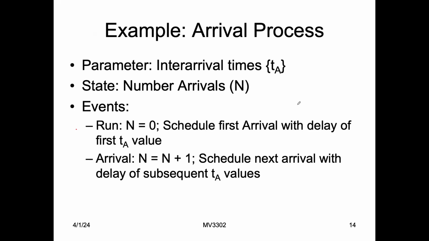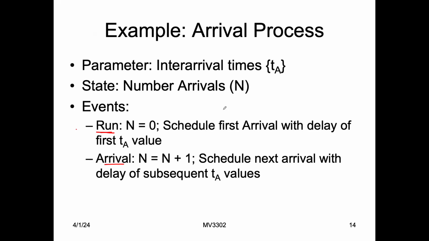So there are two events. There's the run event, and then there's the arrival event. Remember, we said that we always have to have a run event, and we'll get into this more as we go on. But the run event has two main responsibilities. One is that it initializes all state variables.